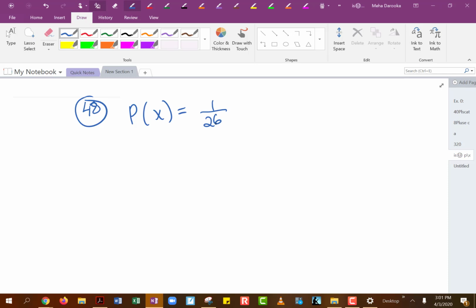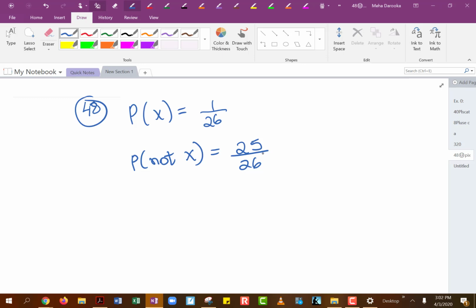Now this is one of those at least one questions, which means we also want to talk about the probability that the letter is not an X, right? If one letter is X, the other 25 are not an X. So that's going to have a probability of 25 out of 26.